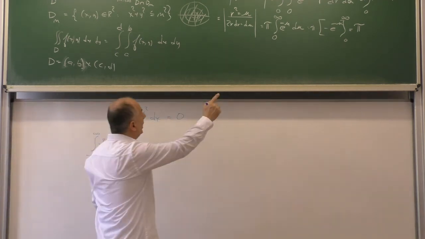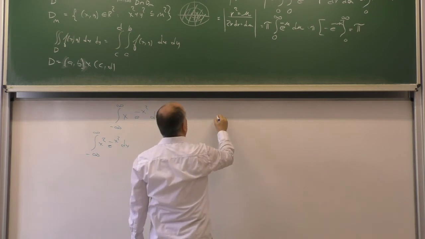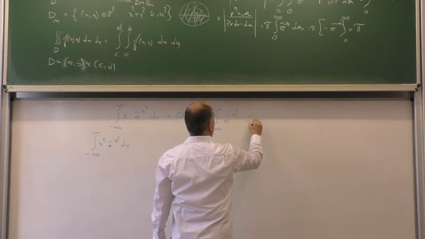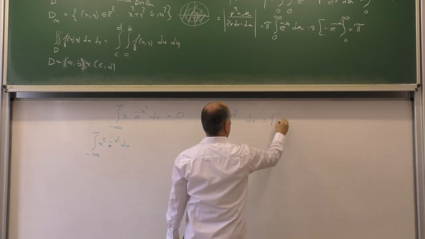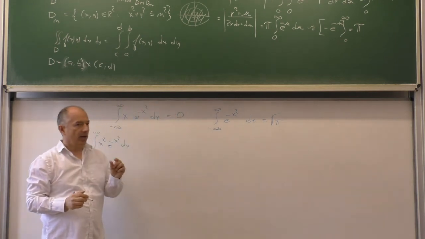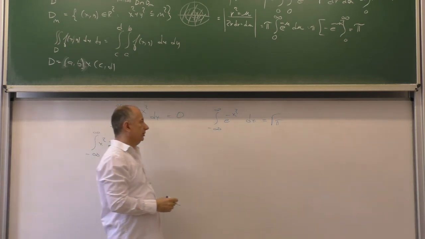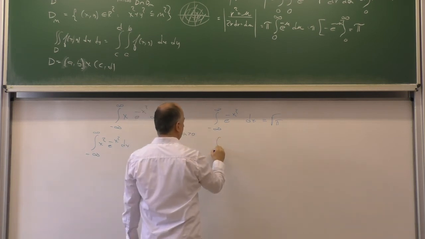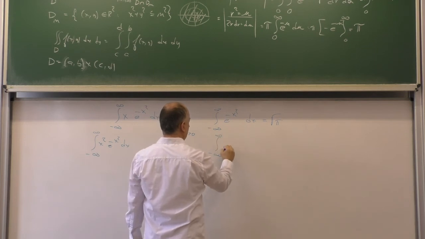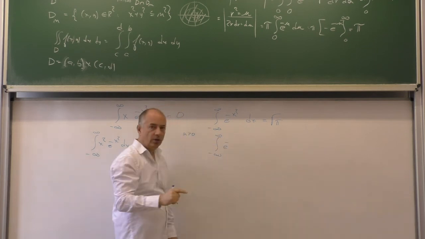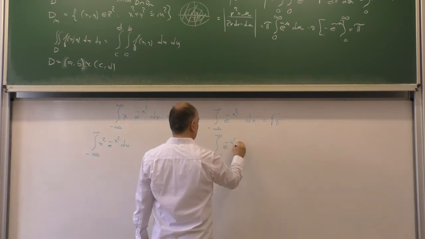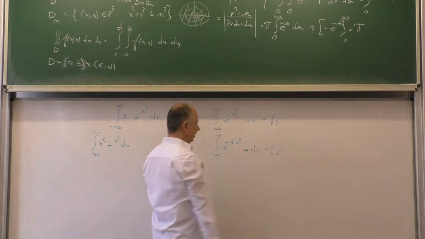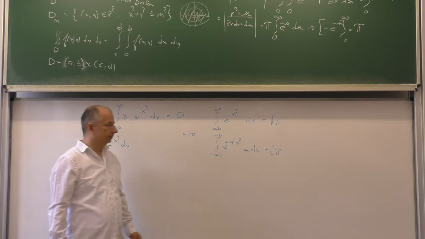And when we go back to our previous result, that the integral from minus infinity to plus infinity of e to the minus x squared dx is the square root of pi, then when we replace x with ax for positive a, this does not change. So we have e to the minus, and instead of x, we write ax, a squared x squared, a dx is again the square root of pi. This is just a substitution.